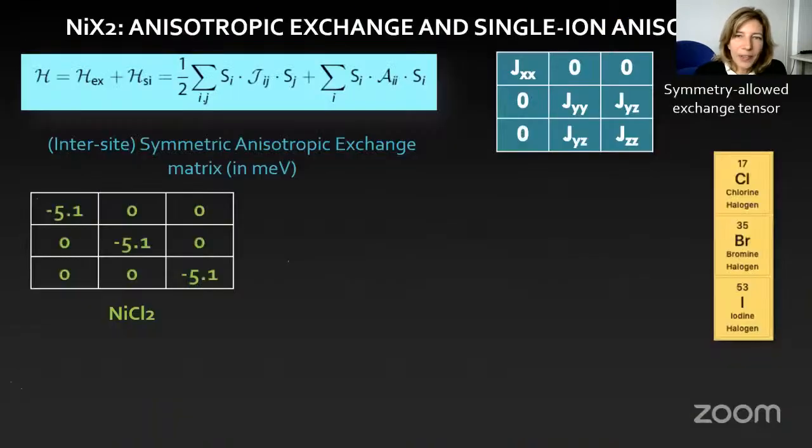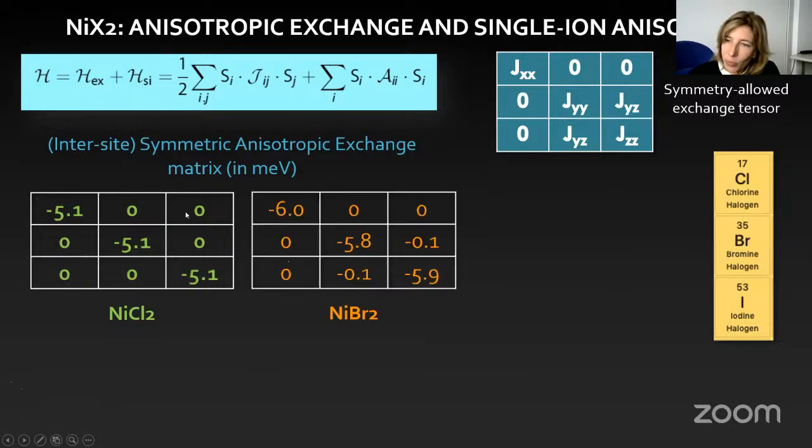Okay, then we went on and we calculated the full tensor, not just the Heisenberg-like, but all the elements that are present. And so we did it for nickel chloride, and in nickel chloride, we basically got a pure Heisenberg picture. Despite allowing for possible additional effects, what we could actually calculate is that you have 3 diagonal elements, no off-diagonal elements, and the 3 diagonal are the same.